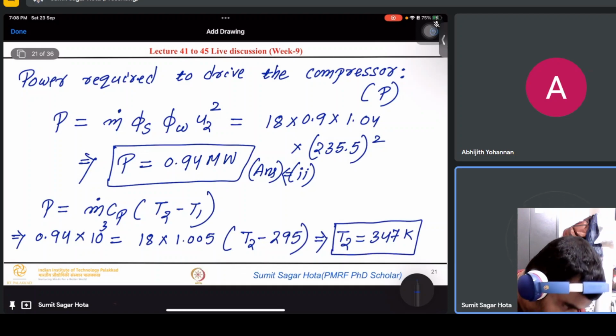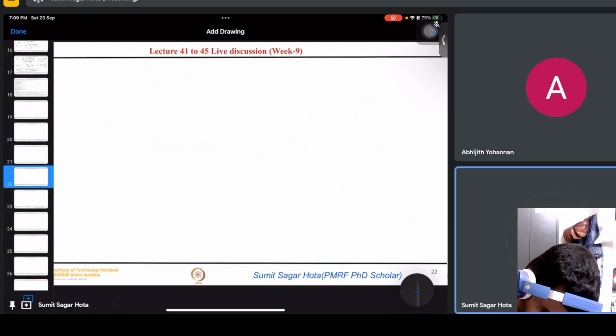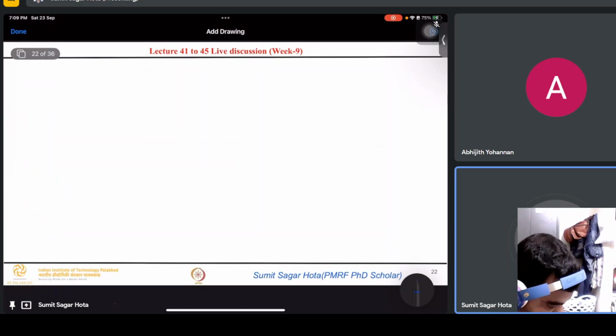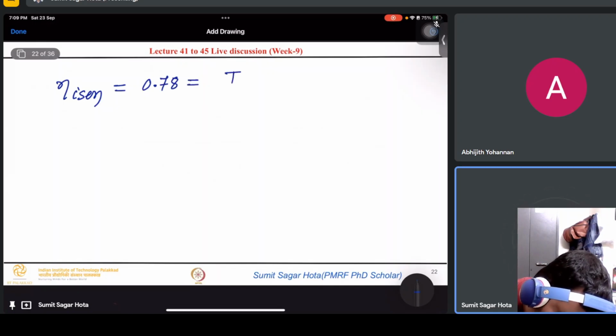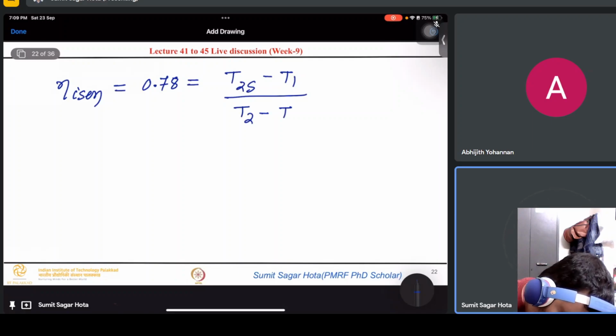Now you get the T2. How can you relate T2s and T2? Through the isentropic efficiency. So isentropic efficiency is equal to 0.78 given, equal to T2s minus T1 divided by T2 minus T1.